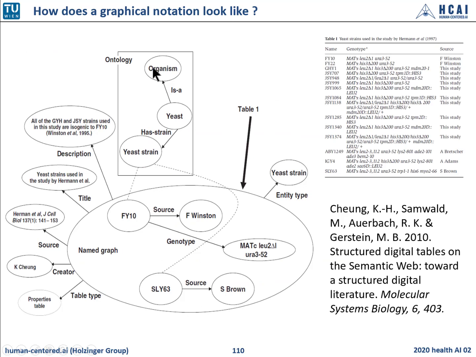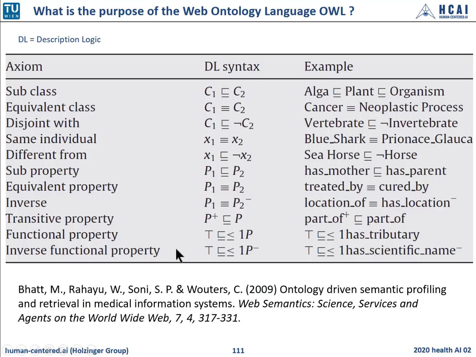So, how does a graphical notation look like? In this slide, we see an example of a graphical notation. Here you see the mapping process and some of the mapping results. This is explained here. And yeah, we can go on.